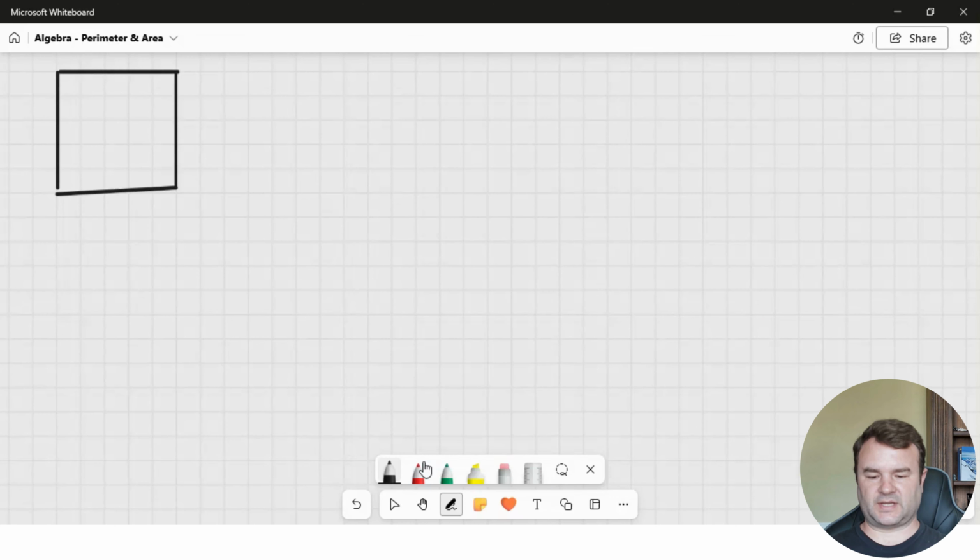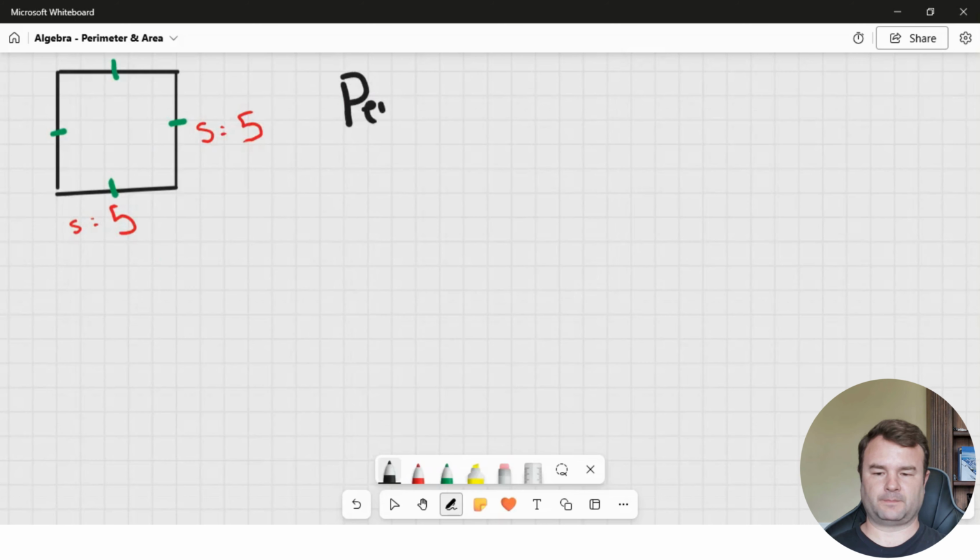So we'll go ahead and say that the length of these sides are 5. So S equals 5 and S equals 5. Since it's a square, we know that all 4 sides are the same distance, and we can go ahead and find our perimeter and area.